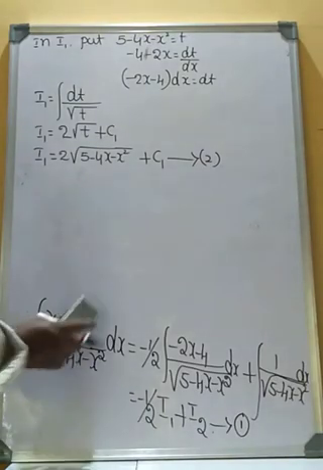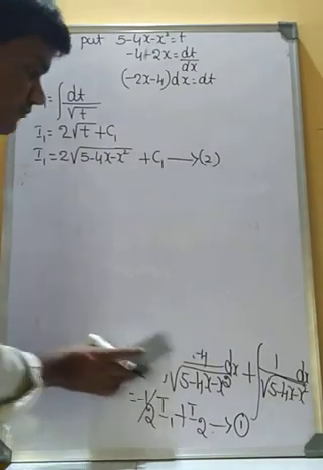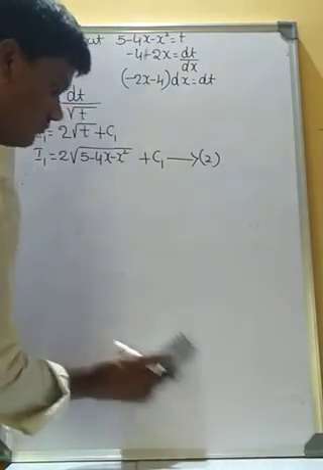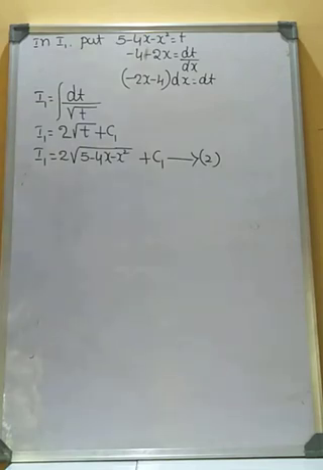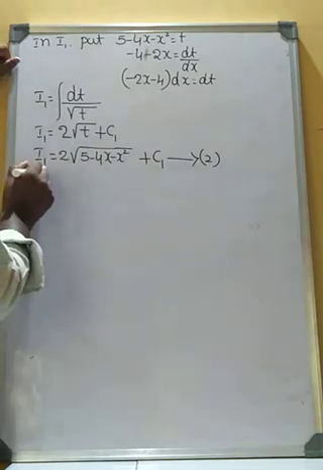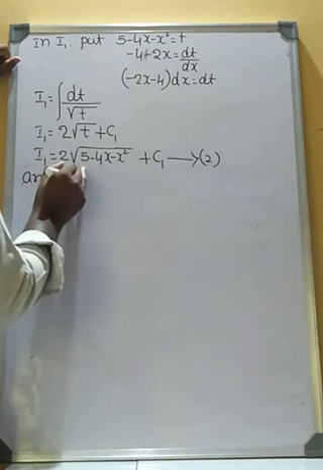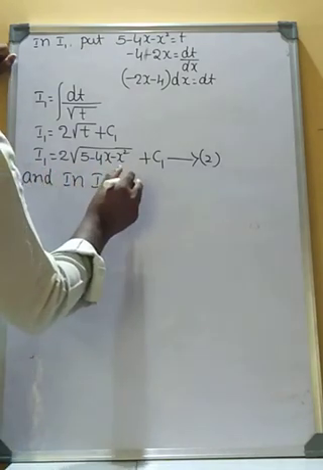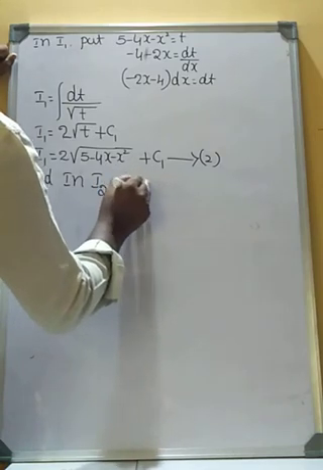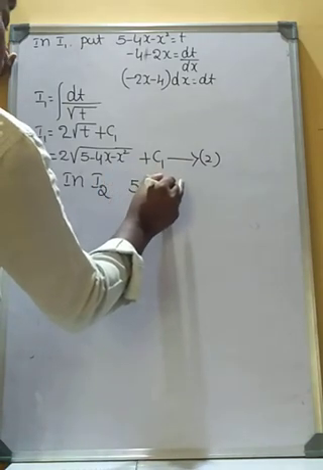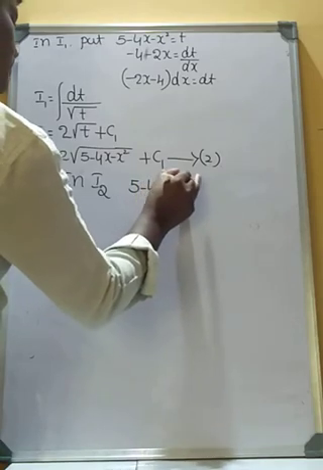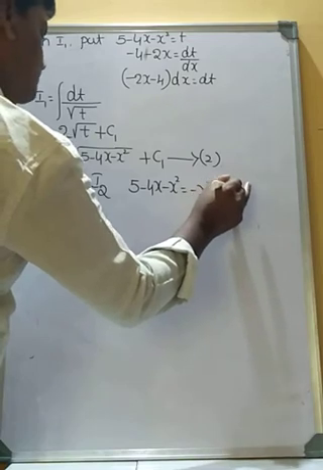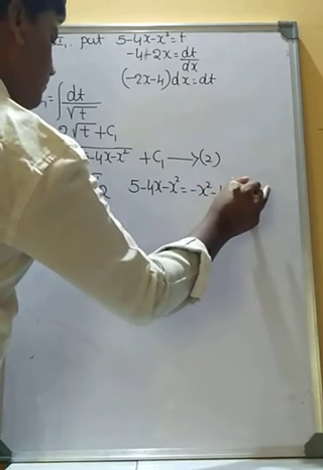The next, find I2. In I2, the second integral term, 5 minus 4x minus x square is equal to minus x square minus 4x plus 5.